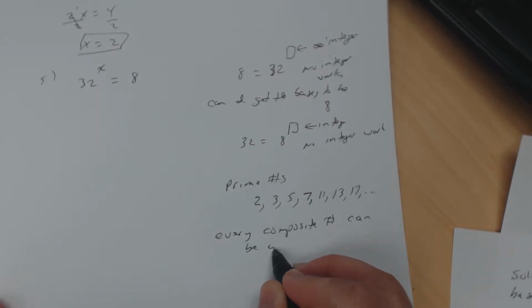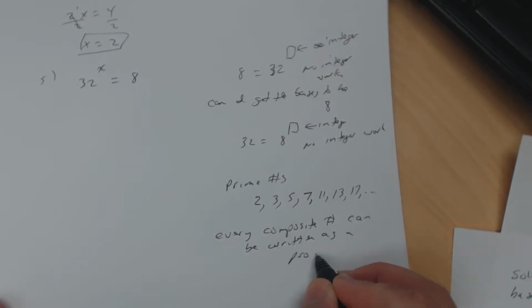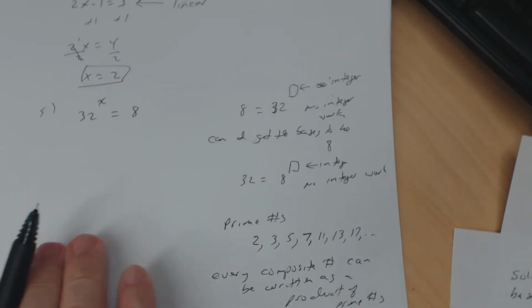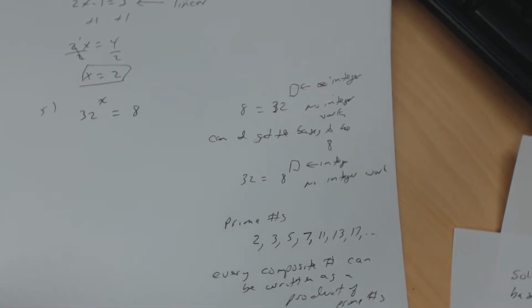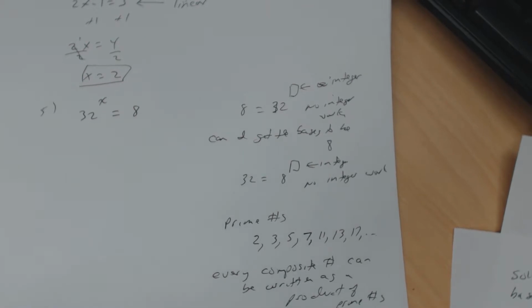Now what that means for us is this: can I rewrite 32 and 8 as 2 to a power? And the answer is yes.